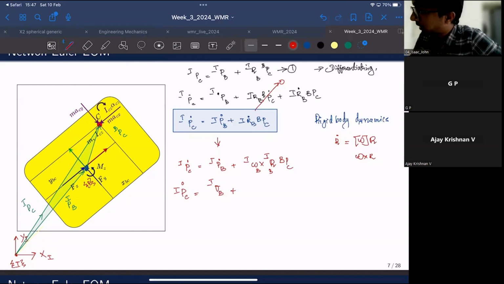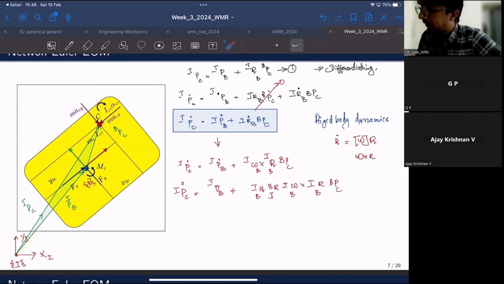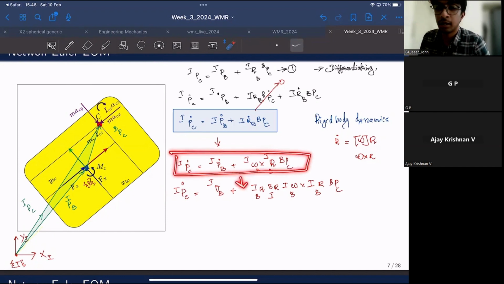Okay, so just for further convenience, I am basically re-multiplying the second term with the rotation matrix. Watch carefully what I am doing. I omega B cross IRB BPC. So what I've done is simply rewrite this equation over here.